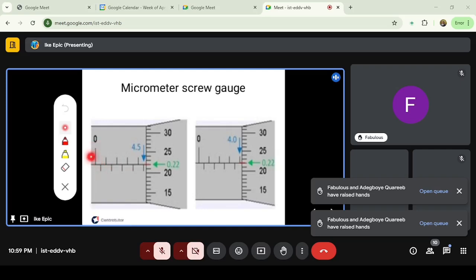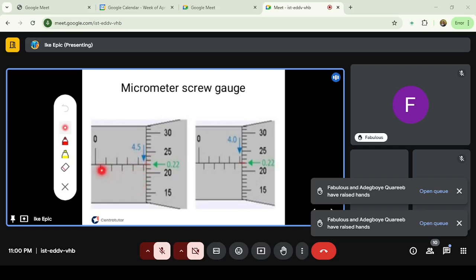Here on this first side, we have 0. The next one is 1. Normally, if they had expanded it more, they would have shown you that this is 1, this is 2, this is 3, this is 4. Between 0 and 1 is 0.5, between 1 and 2 is 1.5, between 2 and 3 is 2.5, between 3 and 4 is 3.5, and between 4 and 5, which we are not seeing, will be 4.5.